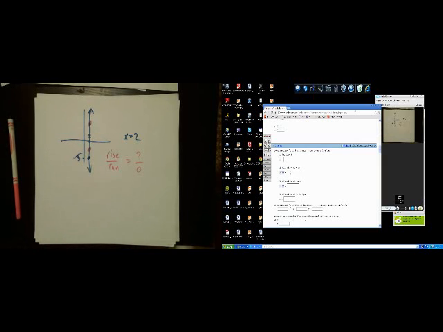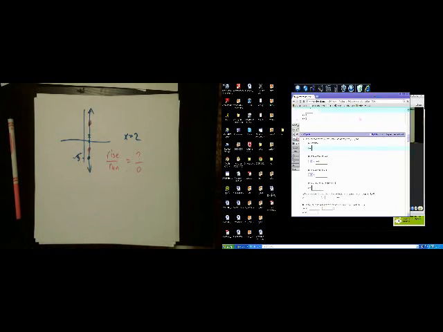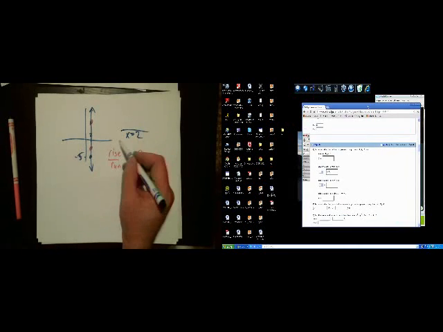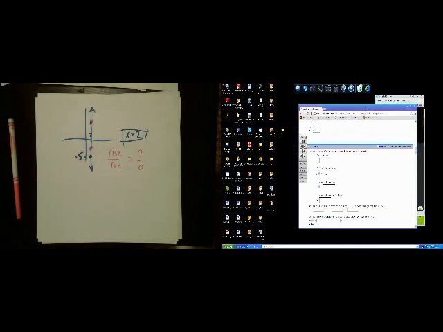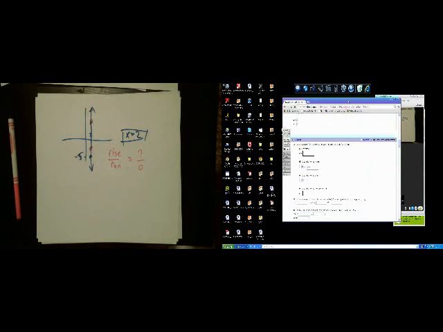Yes, it has no slope. So for C, the answer would be x equals 2. Right, and that doesn't fit any of the recipes.